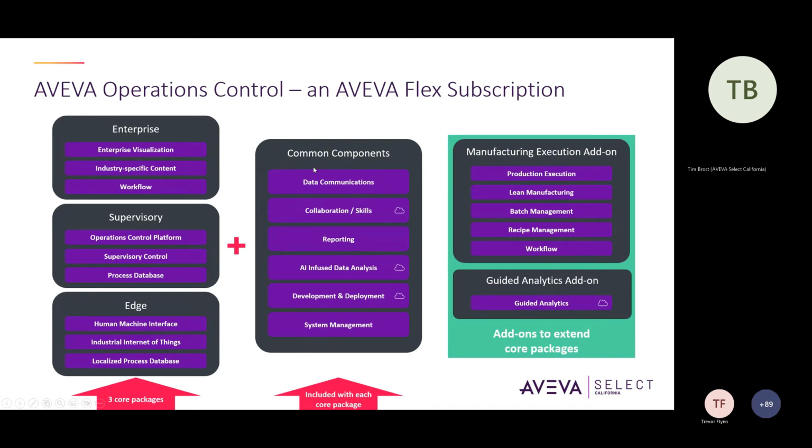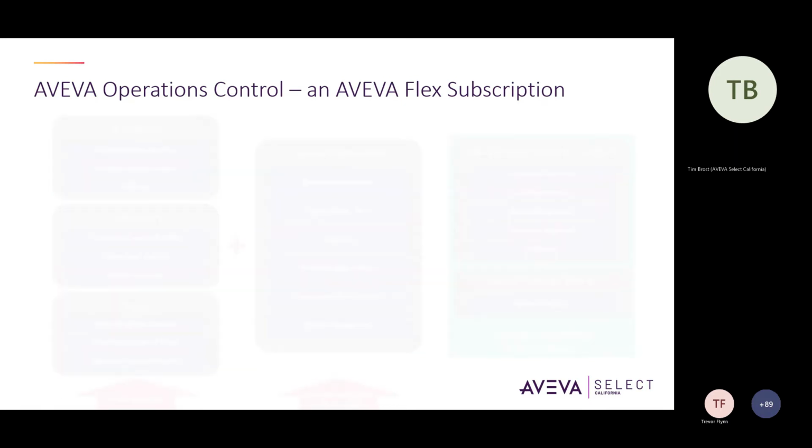In addition, there are optional add-ons, as mentioned earlier by John, for manufacturing execution and guided analytics. So this is the overall idea. There are 3 different Flex packages, and we're going to look into what each one of them includes.